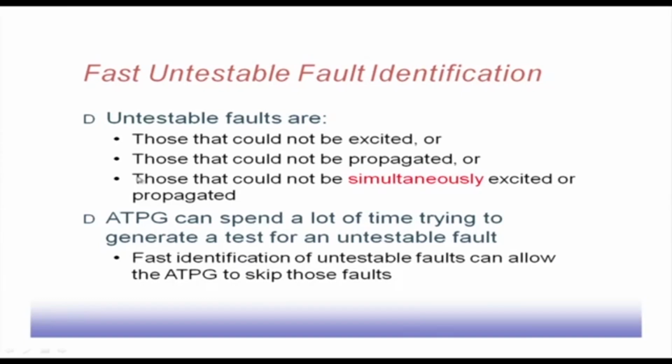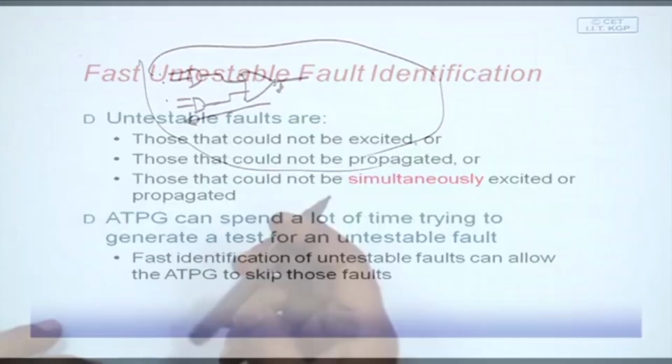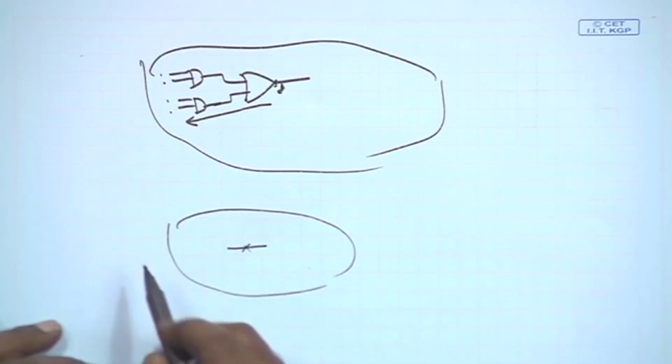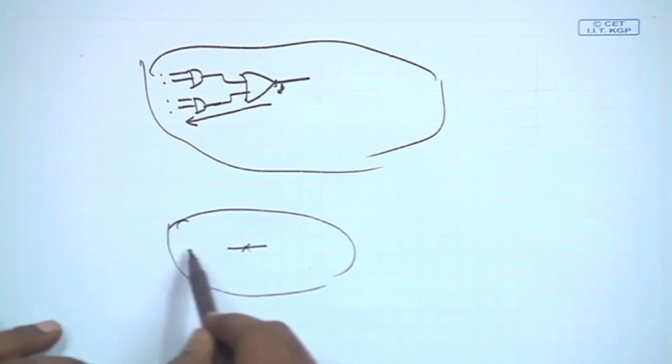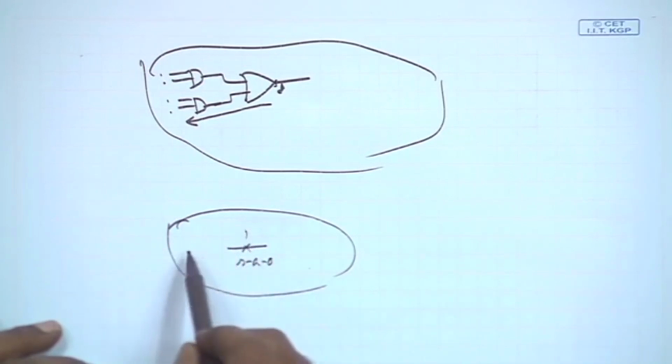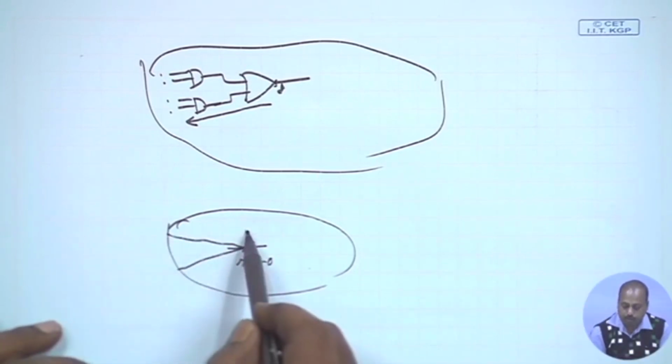Untestable faults are those faults that could not be excited, or could not be propagated. Basically, if this is the circuit and there is a fault at this point, one possibility is that I cannot excite this fault. For this line stuck at 0, I can never put a 1 value at this point, due to the logic it has.